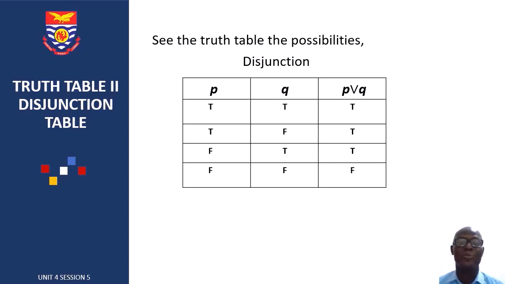If P is true and Q is false, since one of the statements is true, the disjunction is true. If P is false and Q is true, since one of the statements is true, the disjunction is true. But if P is false and Q is false, then since none of the statements is true, the disjunction is false.